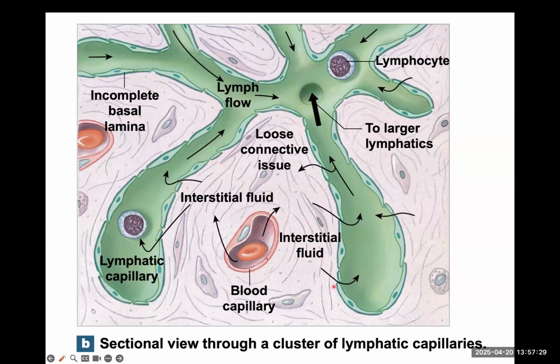And you can also see lymphatic vessels have these mini valves. That's what the fluid is going through to get inside the lymphatic vessels. And they also have the irregular type of valves that's preventing the backflow of the fluid. And it keeps going until eventually you head over to the heart and it dumps into the heart.